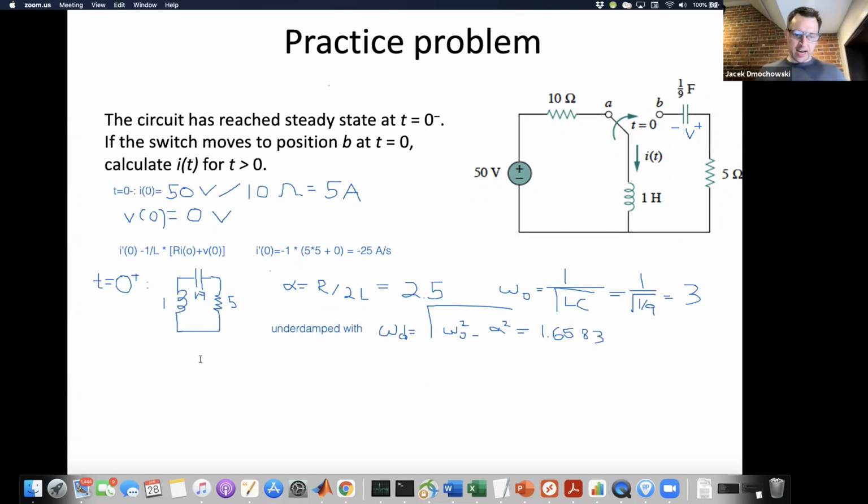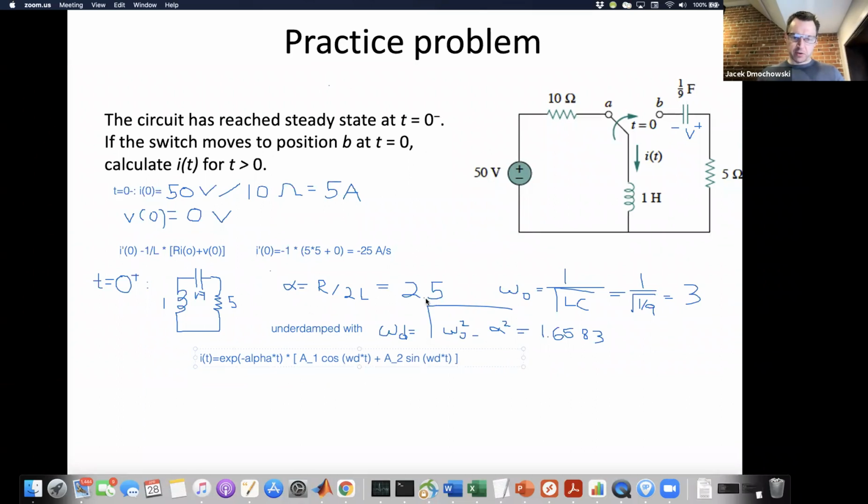And so our standard form of the solution that we're going to be using is e to the minus alpha t times A1 cos omega d t plus A2 sine omega d t. I'm just going to call omega d W, even though it's not really a W. Okay, so this is our general form.